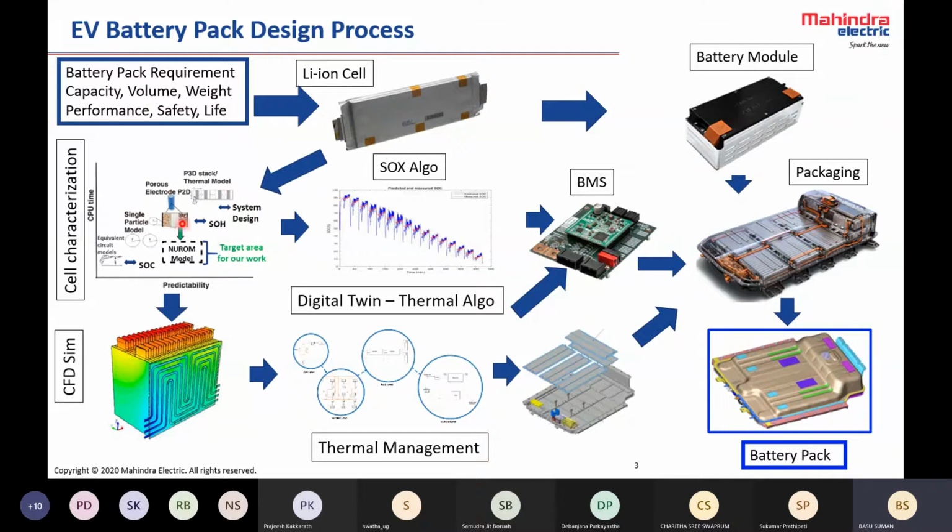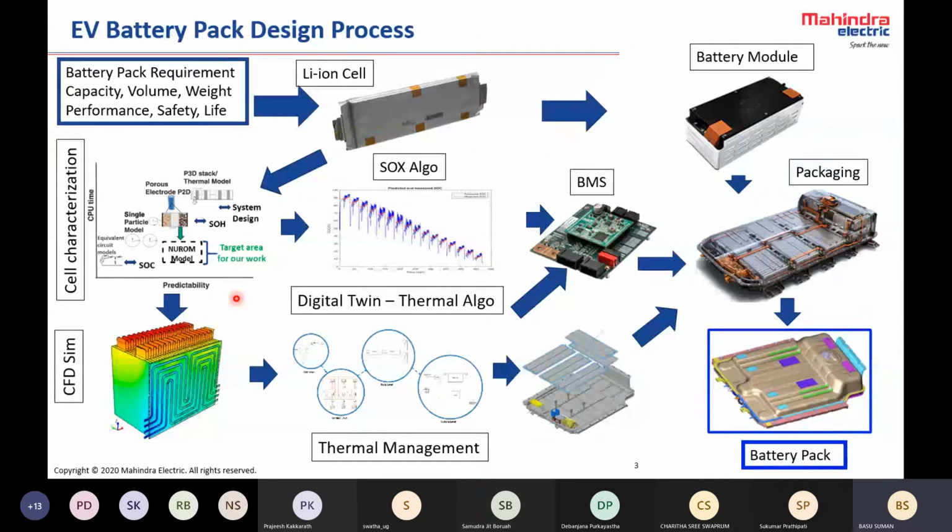Now, from this information, it goes into two different types of application. One is this SOX algorithm, which will get into the actual vehicle control, and the other one goes into CFD model. Because as I started out with saying that battery lithium ion cells are very thermally sensitive.